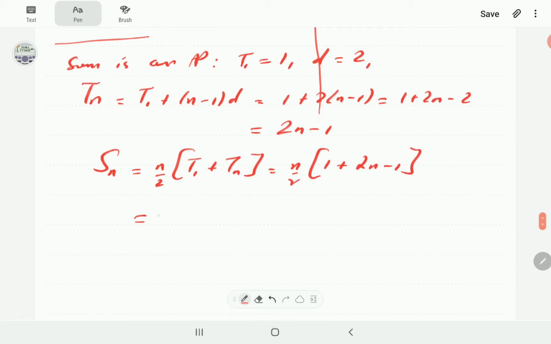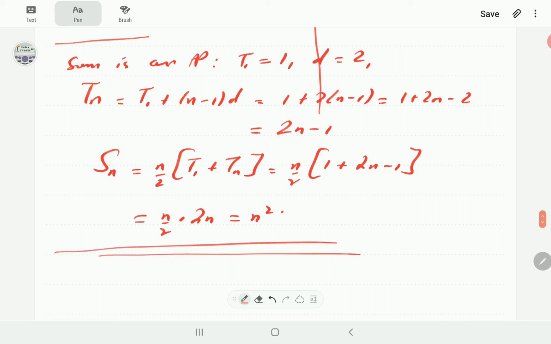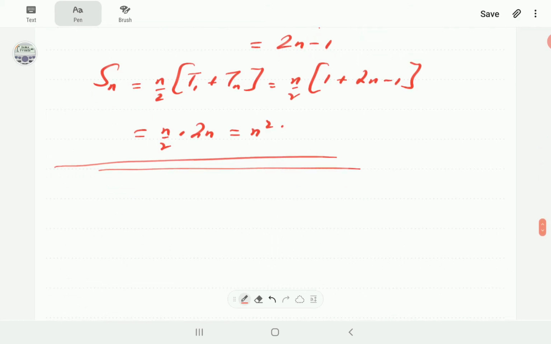So the terms inside the square brackets will simplify to 2n, and so this is just n squared. So proof complete. This was in case the question does not say use mathematical induction. Well, in this case the question says use mathematical induction, so we're going to use mathematical induction.